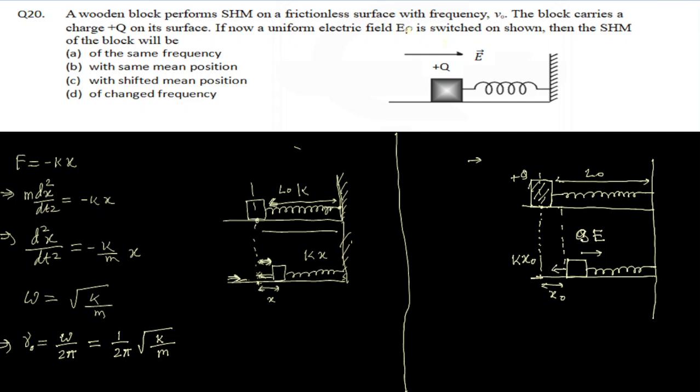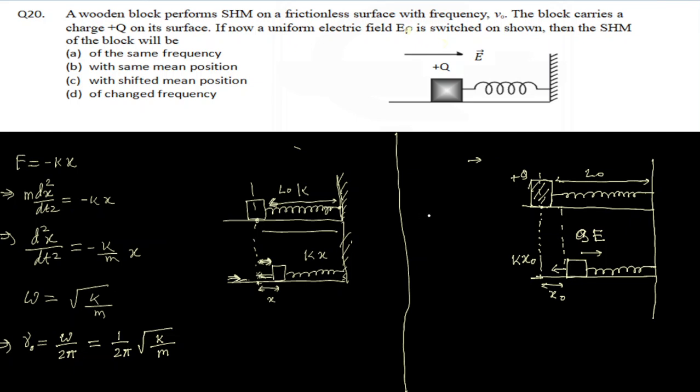Since Q into E is always constant, the block will keep moving, and as it moves towards the right, the spring will get more compression. So at some point, we'll notice that these two forces will be equal. At this position, the block will be at rest.